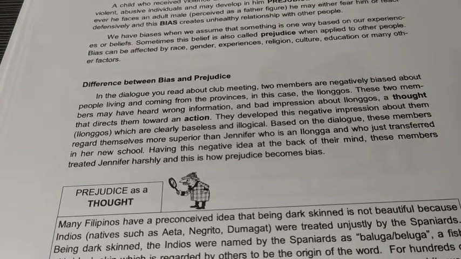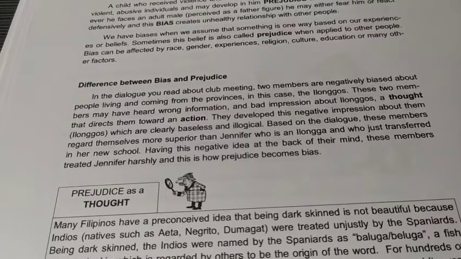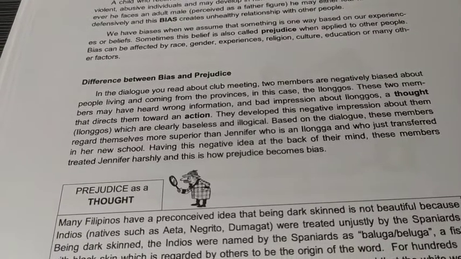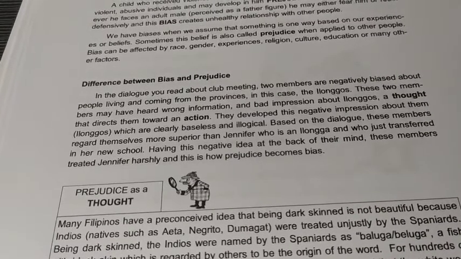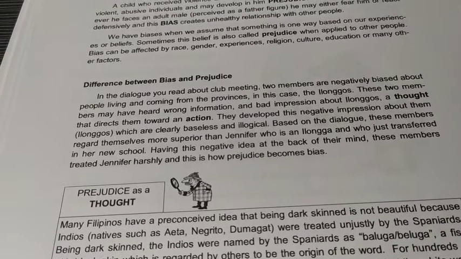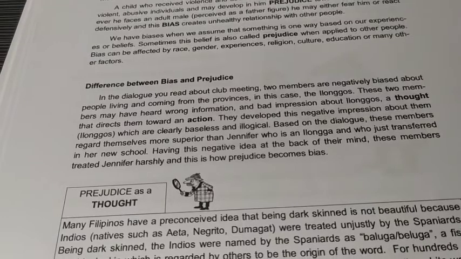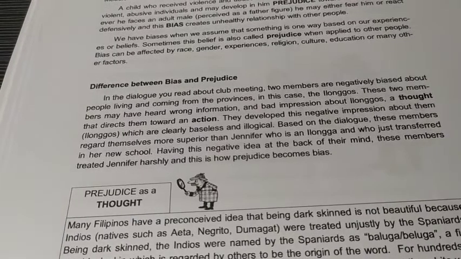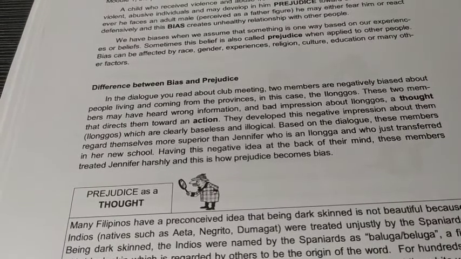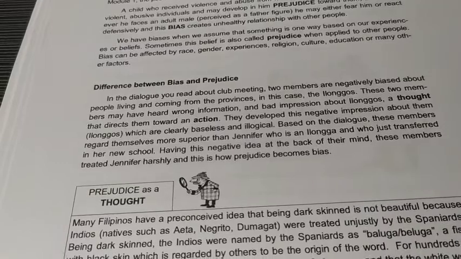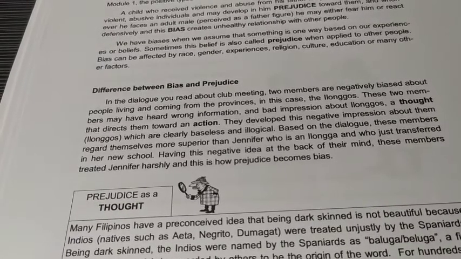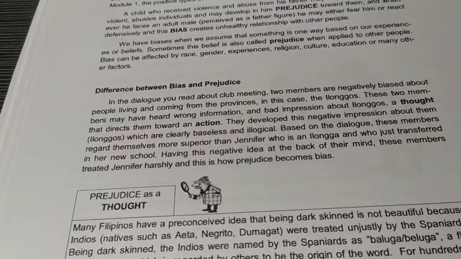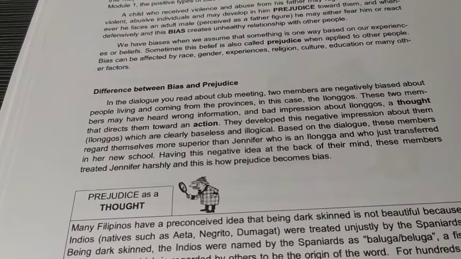So they are interrelated, the bias and prejudice. Because of the prejudice, they had heard a particular news about Ilonggos, and Jennifer is Ilongga. Therefore, they will think that the bad news about Ilonggos will be the same characteristic trait of Jennifer. So that is prejudice, because they are generalizing all the Ilonggos and all the Ilonggas.